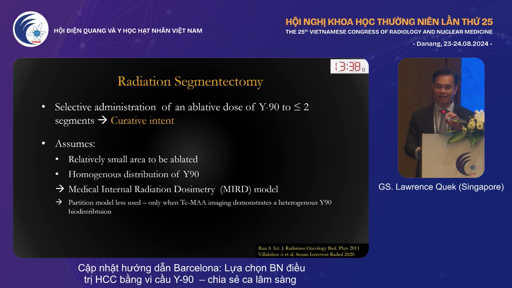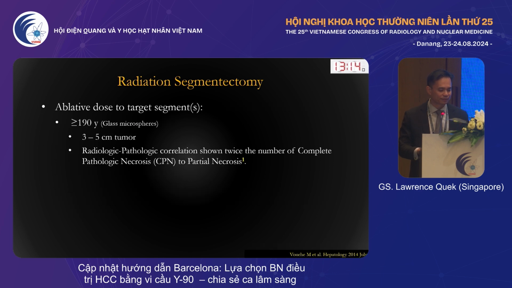That was a concept that came out in 2011 and was subsequently expounded further by many experts and authors. And there are a few assumptions. The model assumes that the area to be ablated using Y90 is a very small area, and there is a homogeneous distribution of Y90, which is not always the case when you implant in the tumor, because the tumor comes in different shapes and forms and has different arterial supplies.